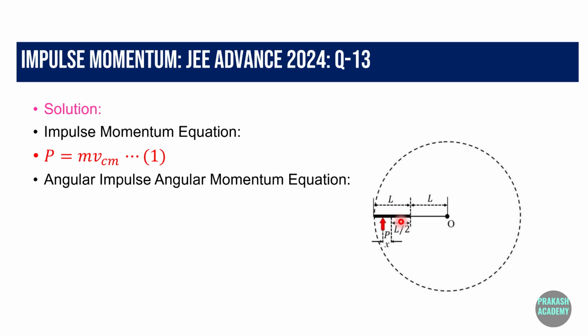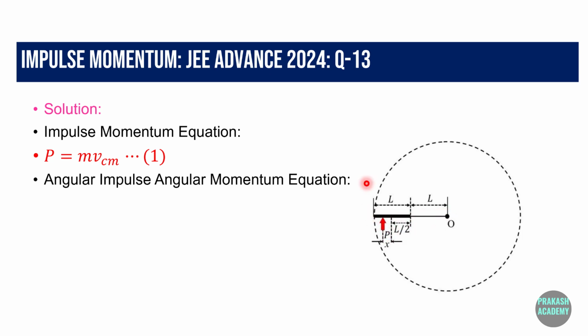Now I can also apply the angular impulse angular momentum equation. What is this equation? That is, angular impulse is equal to change in angular momentum. How much is the angular impulse to this system? Let us find angular impulse about this point, because this whole thing is rotating.